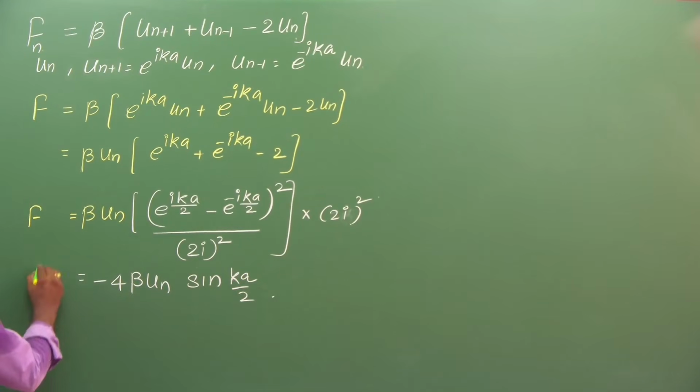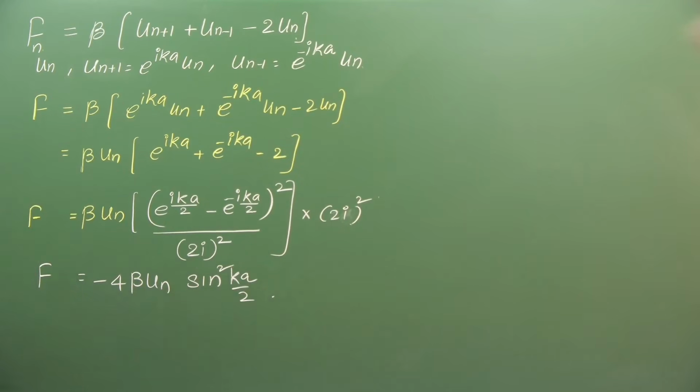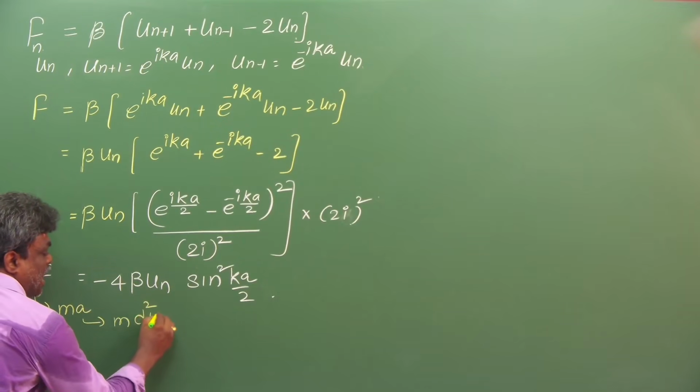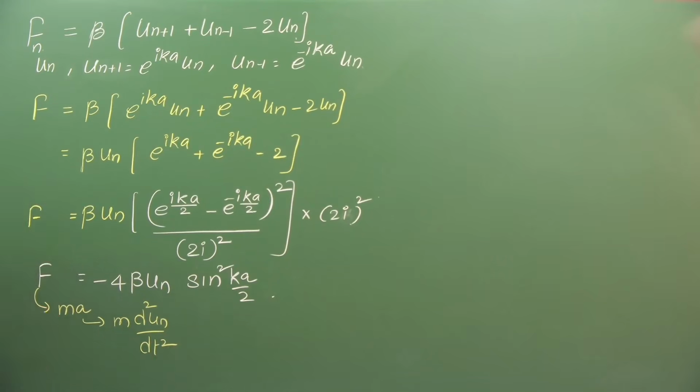And this is nothing but force. So what is this force? Any force is nothing but F equal to ma, where a is acceleration. That's why this is d square displacement by dt square. Say yes or no? Because this is the nth atom.